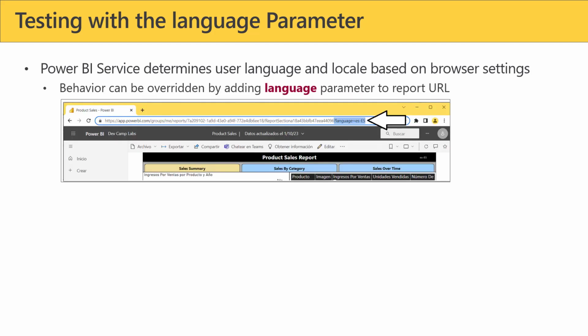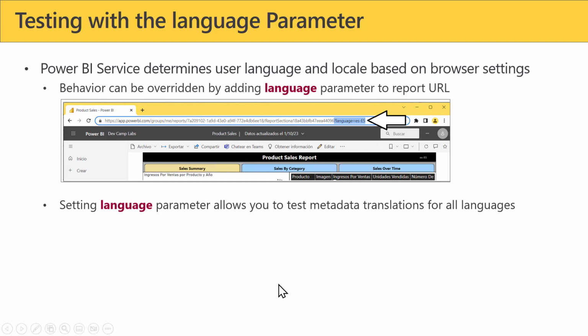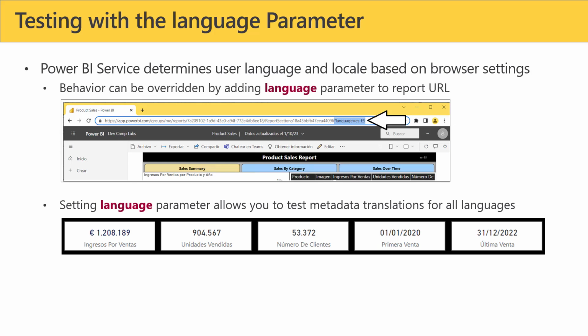Now, what we've seen is that the language parameter can influence the user context for both the language and/or the locale that you pass in. And so that's how we do our testing, especially if we have 3 or 4 different secondary languages, and I want to test the first and second and third one, it's just having the language parameter in the URL. So setting the language parameter is really what allows you to test the metadata for all your languages.